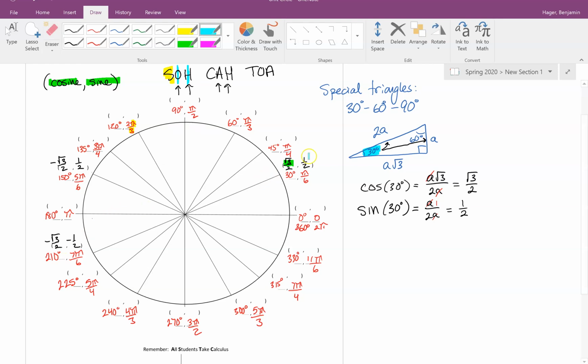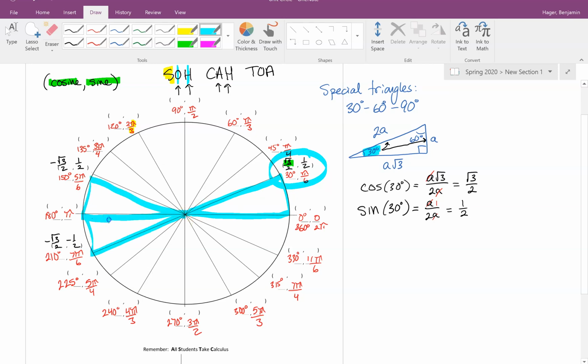So once I knew this one cosine and sine value for a 30-degree reference angle, I had it locked in for this 30-degree triangle, and this angle that has a 30-degree reference angle, and this angle that has a 30-degree reference angle. Last would just be this angle that has a 30-degree reference angle. All right, so envision this last one. Again, to get to this terminal point here, I had to go right radical 3, up 1/2.